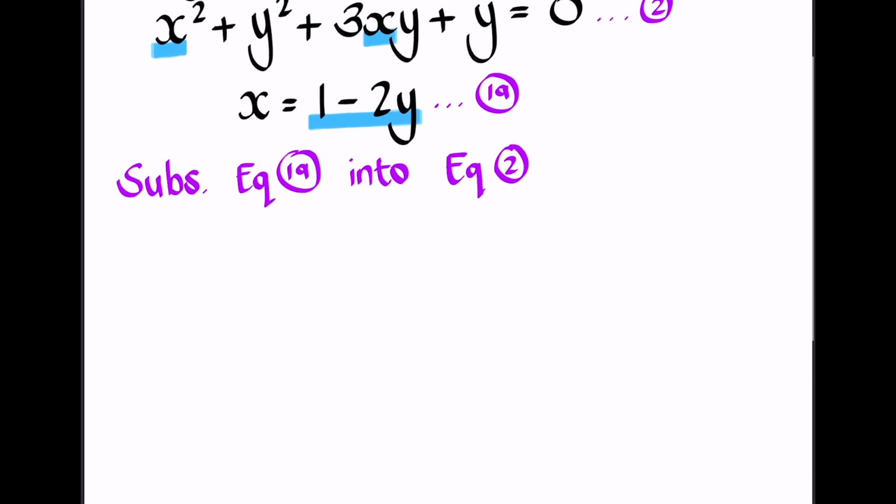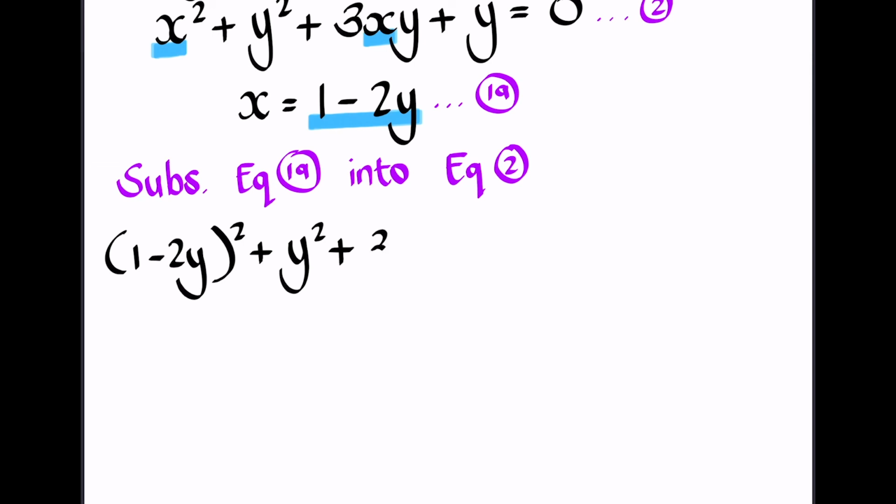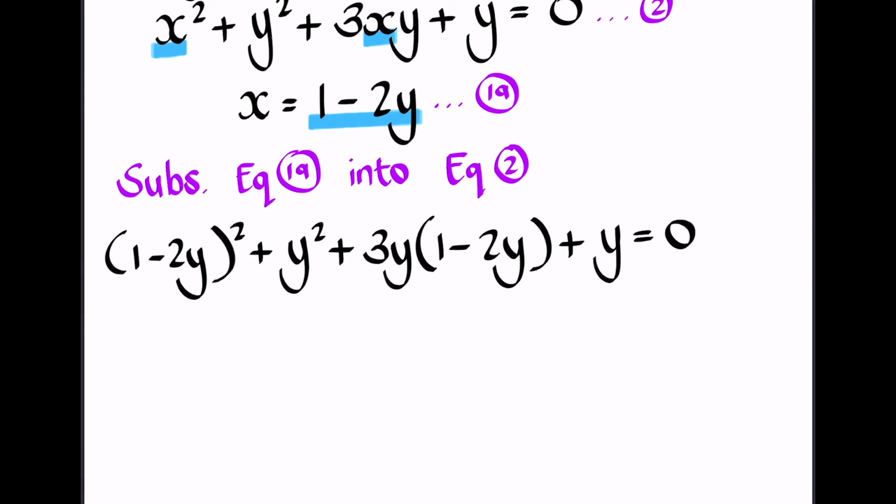So I have x squared, which means that I have (1 minus 2y) squared, plus y squared, plus, now I have 3xy. So all I'm going to do is move the y in front just so that I don't forget about it, but it doesn't matter if you didn't. So I'm going to have 3y times, and then I'm going to put the x, which is (1 minus 2y), plus y equals 0.